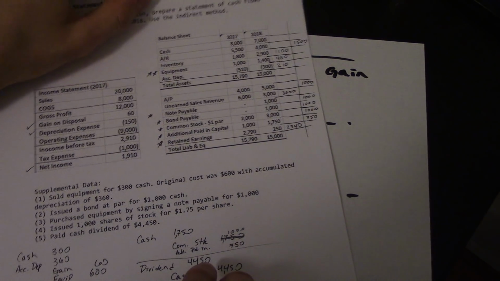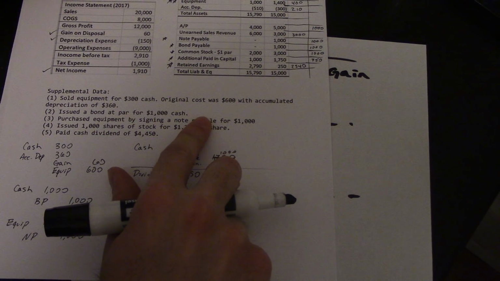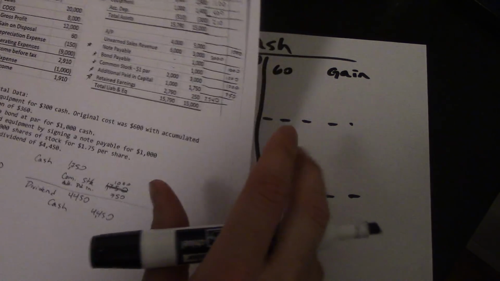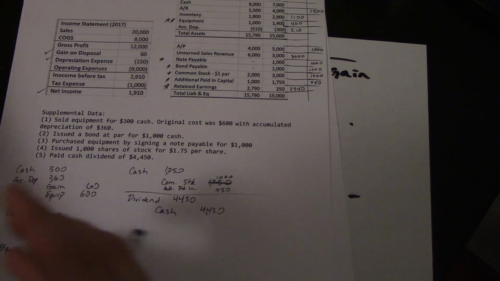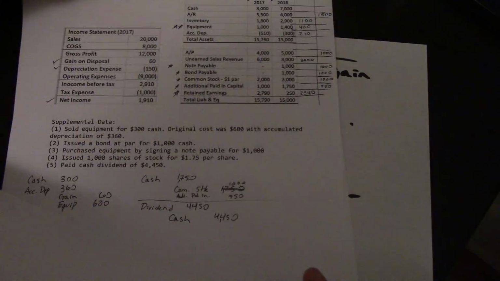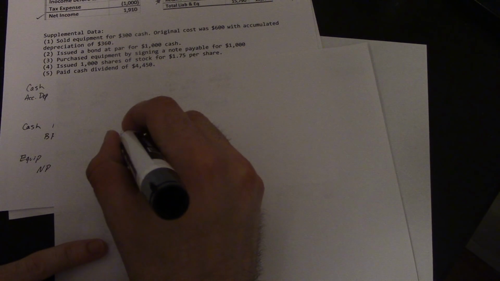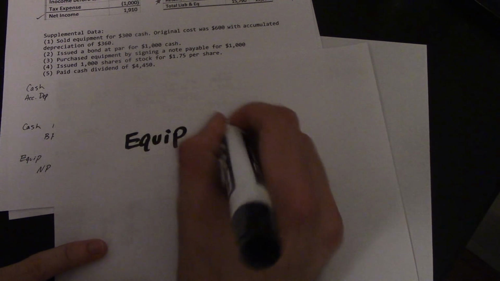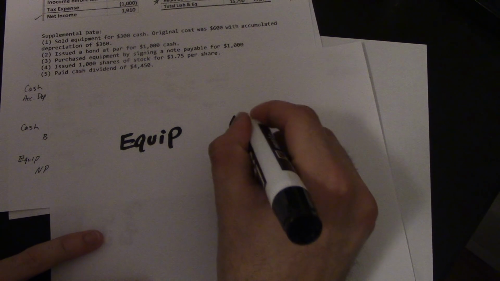Next step is to go over the supplemental information and do the journal entries for those. So number 1, we sold equipment for some cash, and we had some depreciation. If we sold equipment, that means we credited equipment for its original value, which is $600.